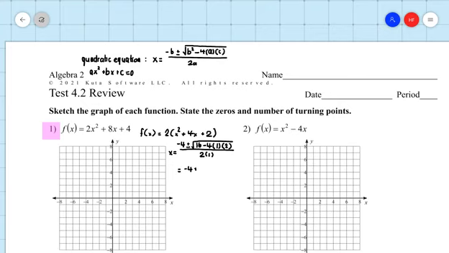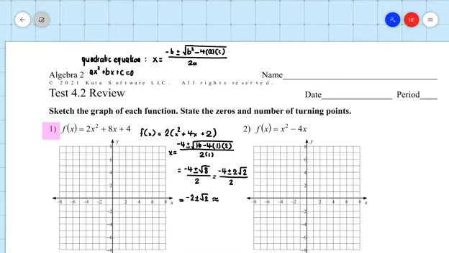Negative 4 plus or minus the square root of 16 minus 8, which is 8, over 2. Square root of 8 is 2 root 2. And so I can reduce that to negative 2 plus or minus square root of 2.